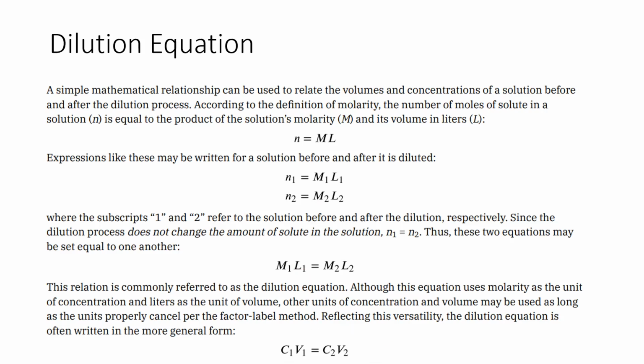And that's why it might be more useful to use this equation, C1V1 is equal to C2V2, because in this case, it's just saying concentration, 1 versus 2, in whatever unit, just needs to be the same. And then the same thing with volume, 1 and 2. Could be milliliters, could be liters, we could even use gallons or whatever for this equation. But as long as we have the same units on the left and the right for concentration and volume, it doesn't actually matter what units they are.